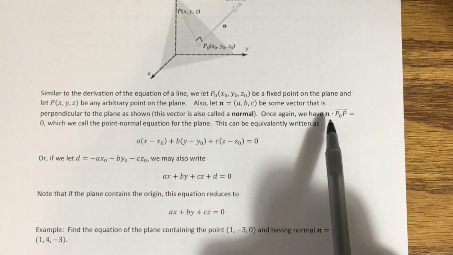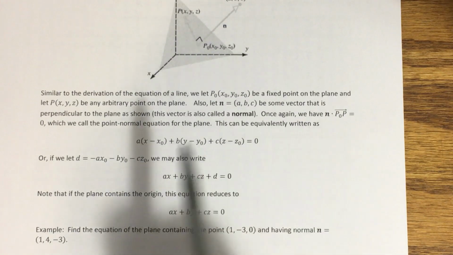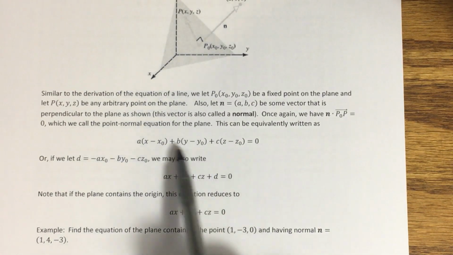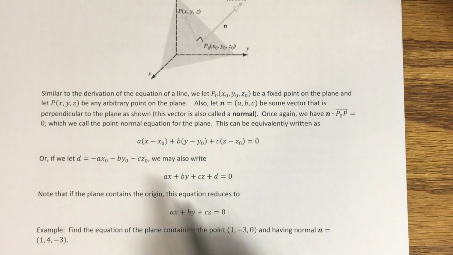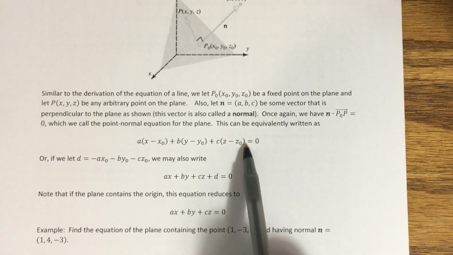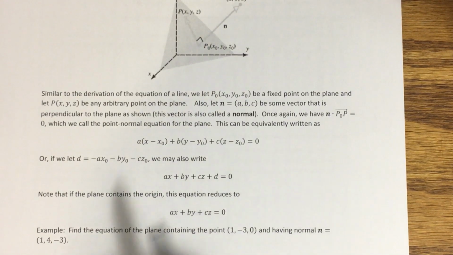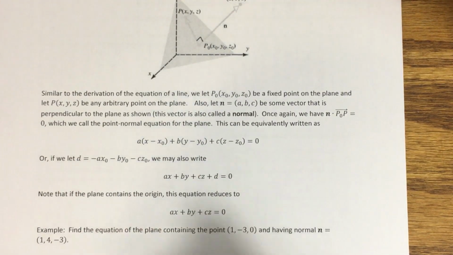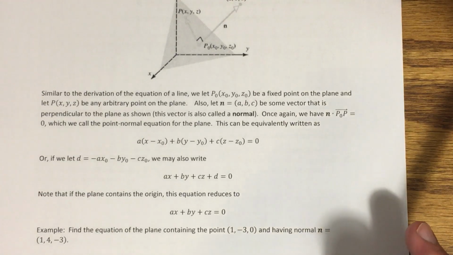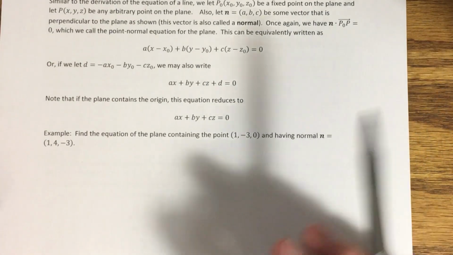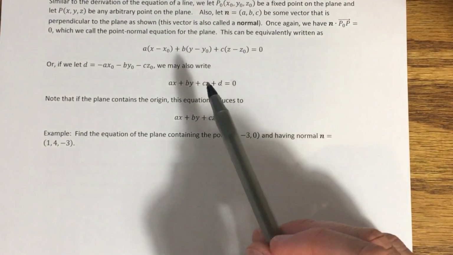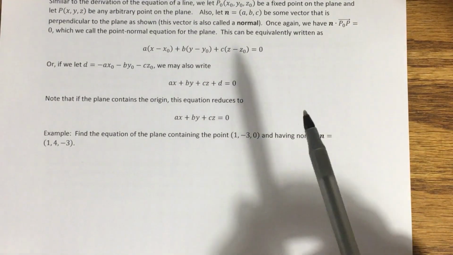Now, forming the dot product here with the plane gives us this equation. Notice the similarity between this equation and the equation for a line. We simply have this extra term here, c times z minus z naught, still equal to 0. And also, as was the case with the line, we are going to single out the special case of the plane passing through the origin.